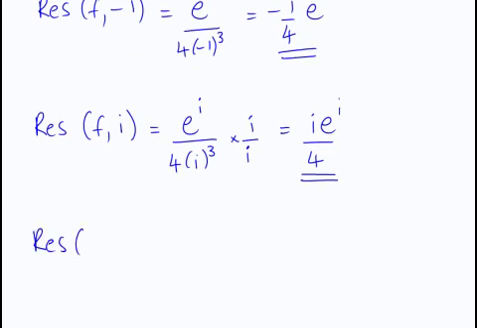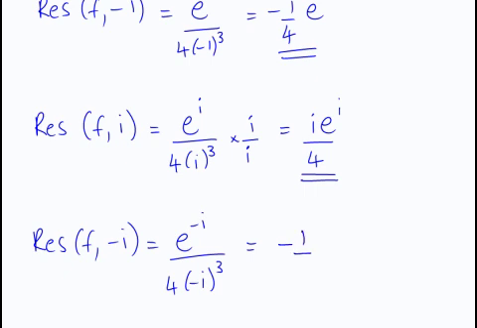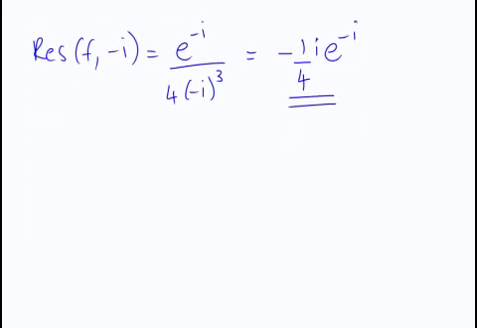And finally, I'm going to get e to the minus i over 4 times minus i cubed, and hopefully you can see that if I multiply top and bottom by i, I'm going to get a negative sign. So what I've done is found the residues of the function at the 4 singularities, at the 4 points where its denominator is 0. What I can now do is use those in order to answer the original problem.